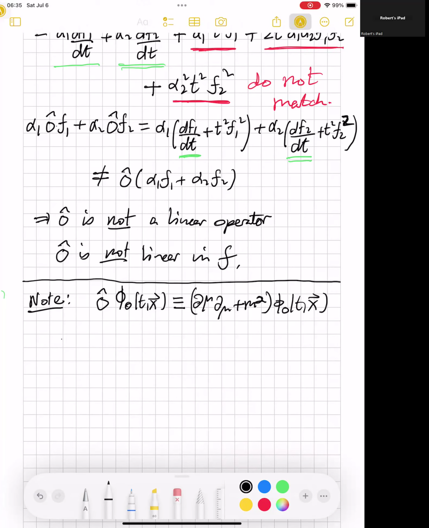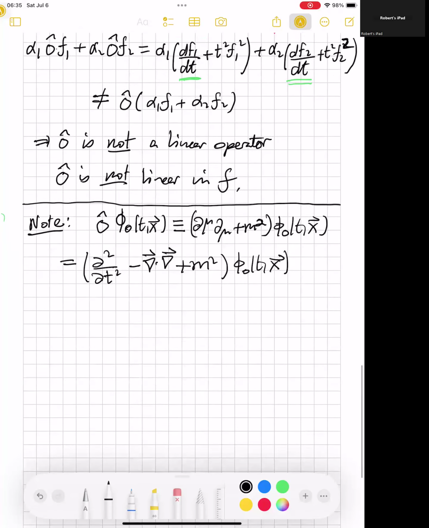And let's even just be as explicit as we can. This means two time derivatives. So now we've got many variables and many derivatives, which means we're dealing with a partial differential operator plus m squared phi naught of t and x.